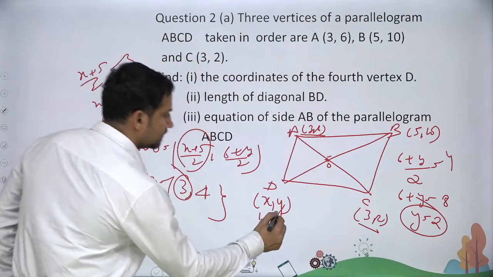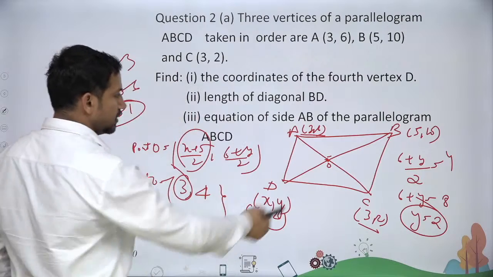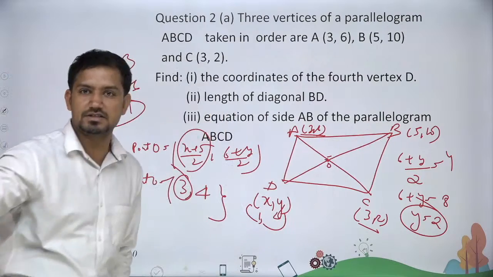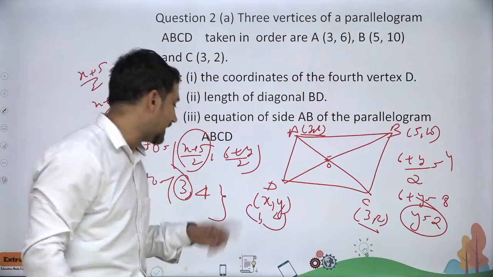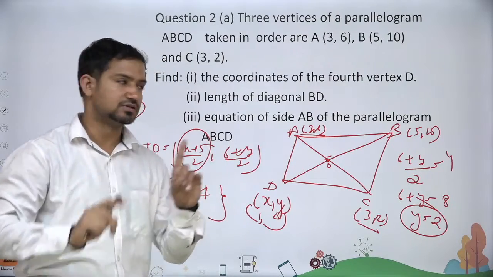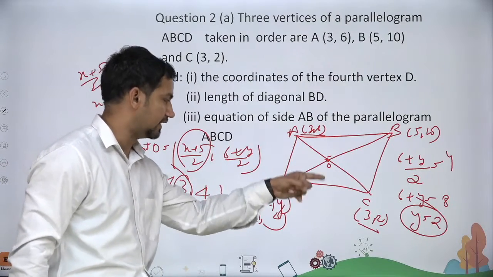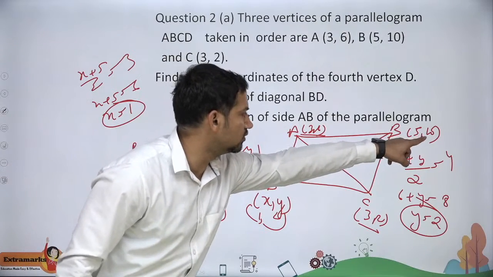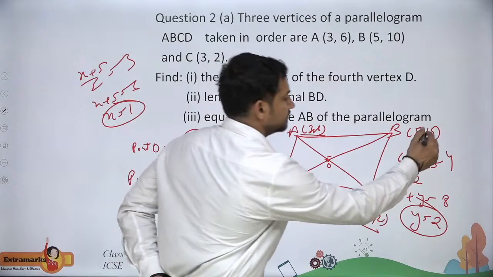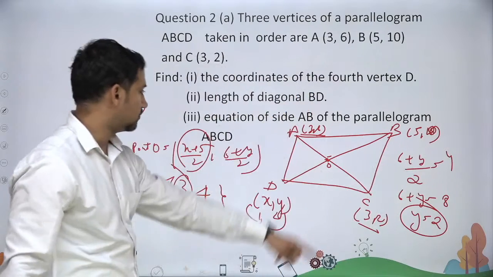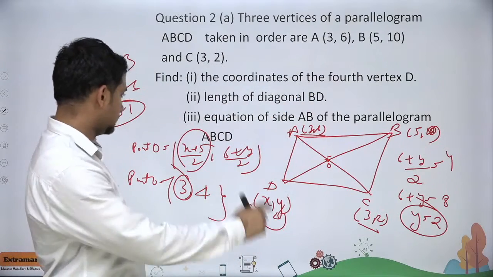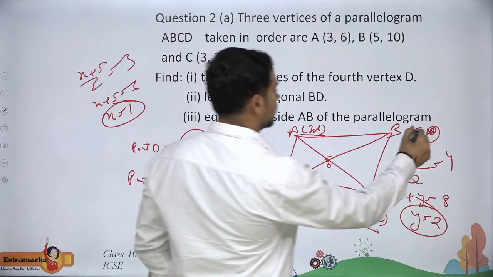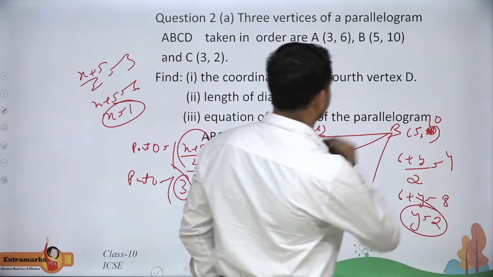Now we have to verify whether our answer is correct or not. 5 plus 1, 6 divided by 2 is equal to 3. Yes, this answer is correct. Now this is equal to 2 and this one is equal to 10. Sorry, B is equal to 10, it is given.